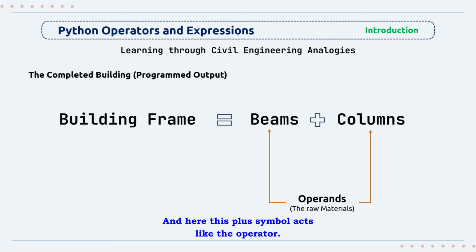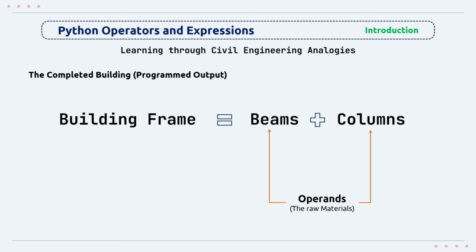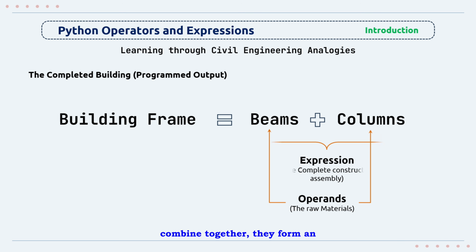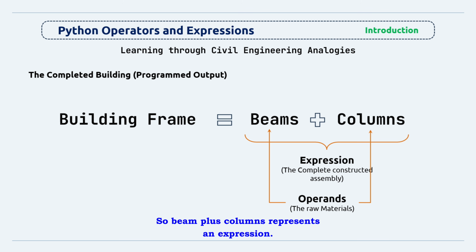And here this plus symbol acts like the operator, because the operator performs an operation on these operands like beams and columns. Now when operands and operators combine together, they form an expression. So beams plus columns represents an expression.